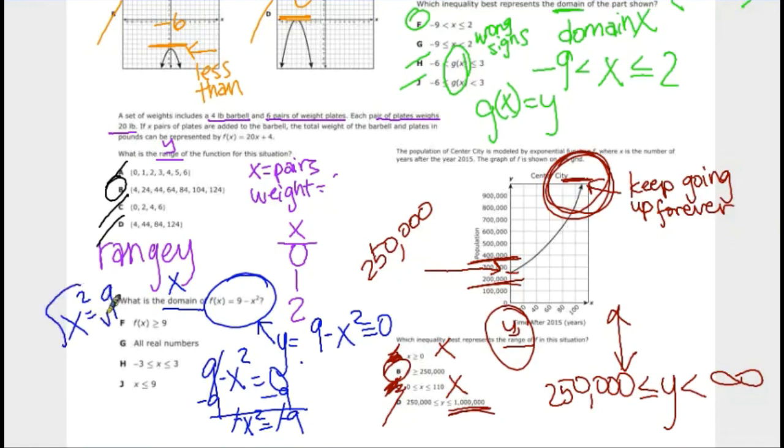So square root of 9 is negative 3 and 3. So our value is going to be somewhere in between there. So it's got to be h. Now, if you have a calculator, guys, you can put it into the graph, and you'll notice that negative 3 and 3 are going to be the values that we need.